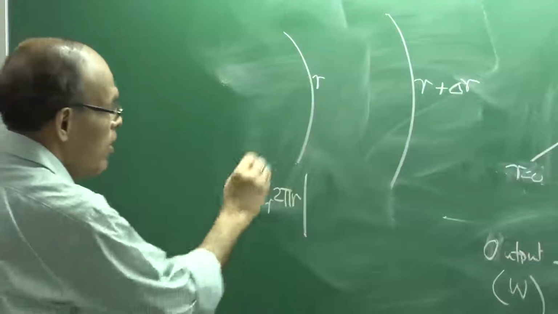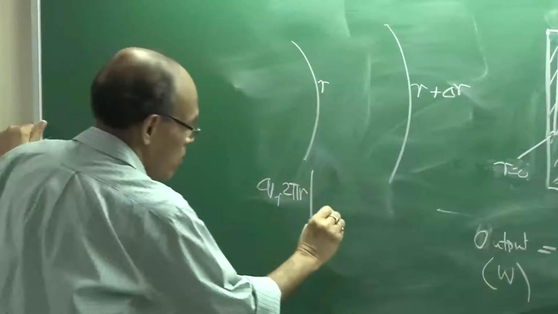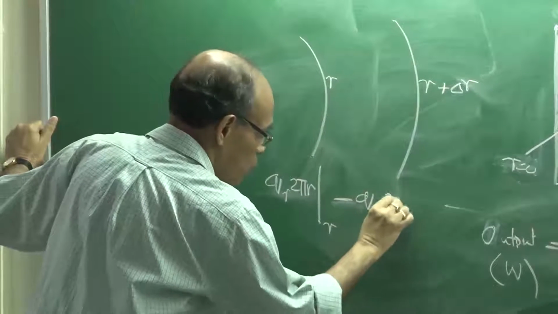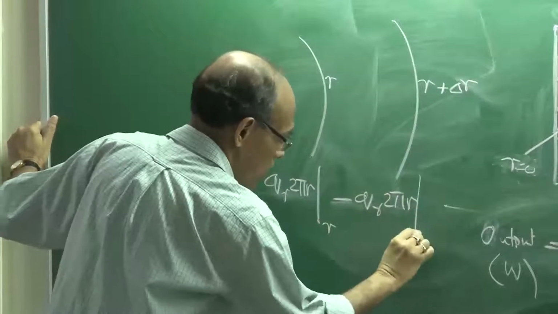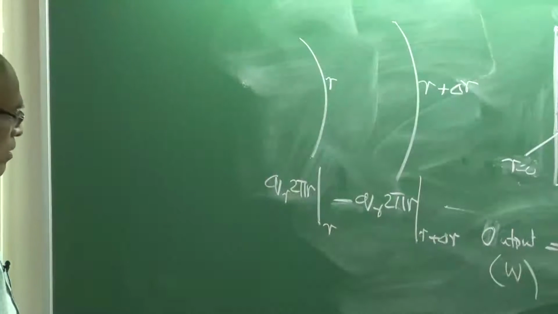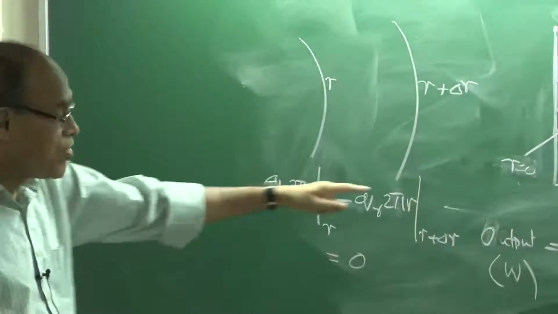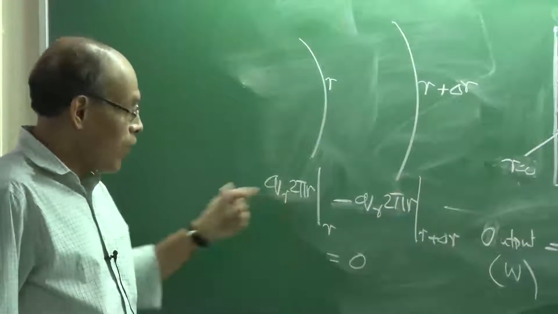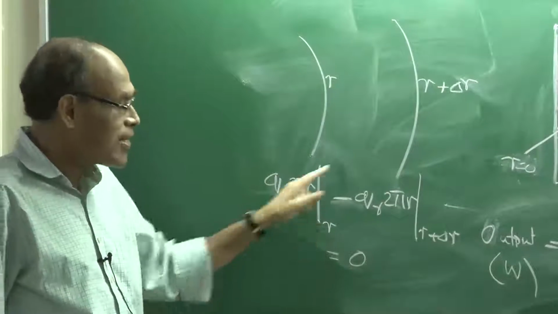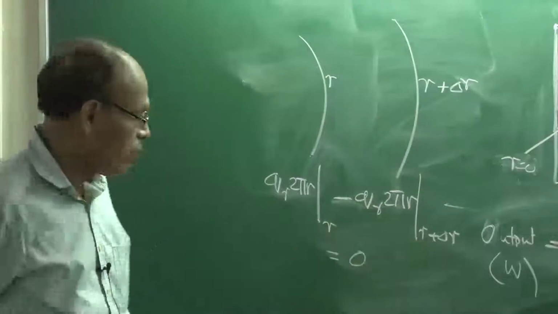So, this is evaluated at r and this is evaluated at r plus delta r, and this difference is going to be equal to 0, because I have just explained the product, or I am saying that qr into the area evaluated at any point r is exactly equal to qr into 2 pi r evaluated at a different r itself.